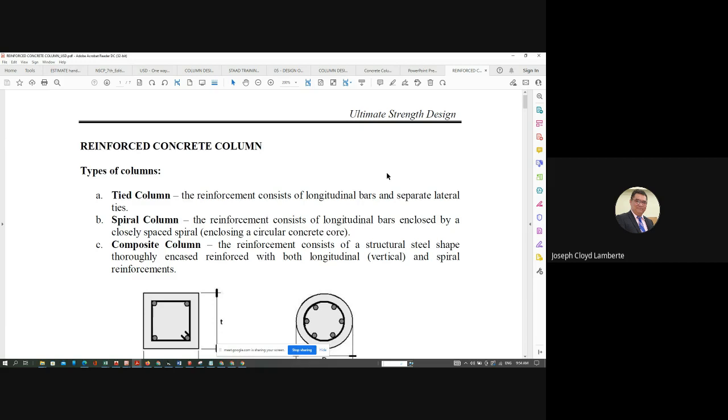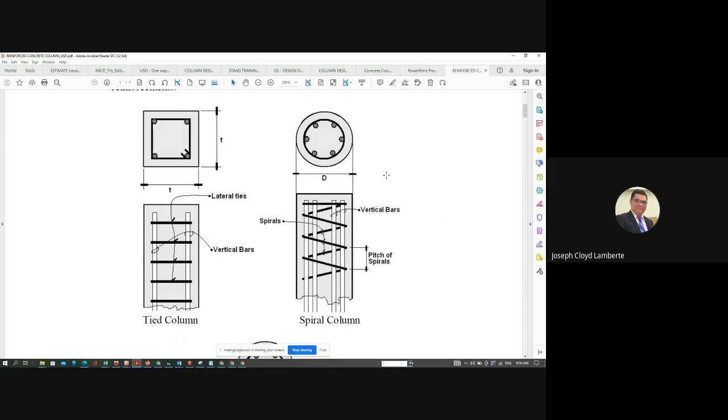So it is like this, class. You have a tied column, which may be a square section, a rectangular section, or even a circular section, as long as the confining lateral reinforcement is separately spaced.